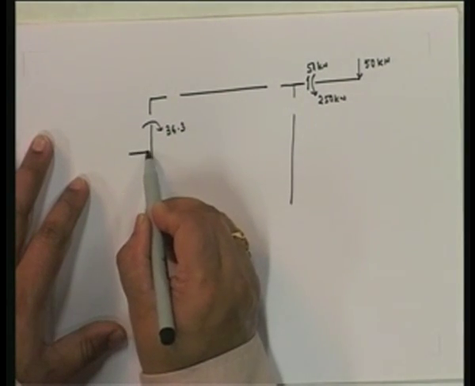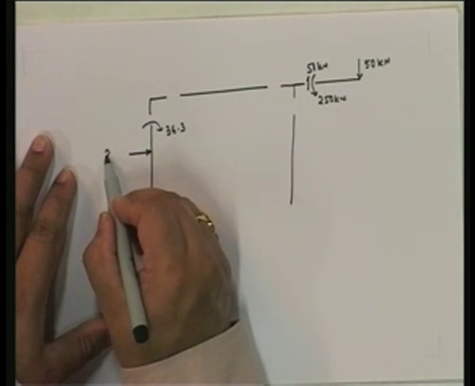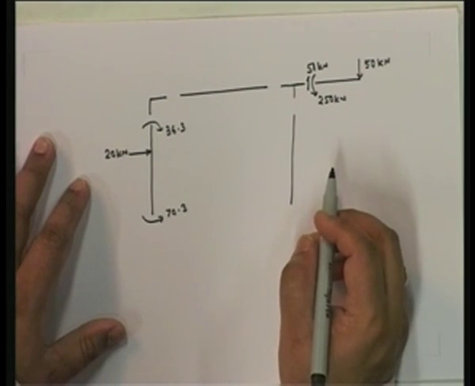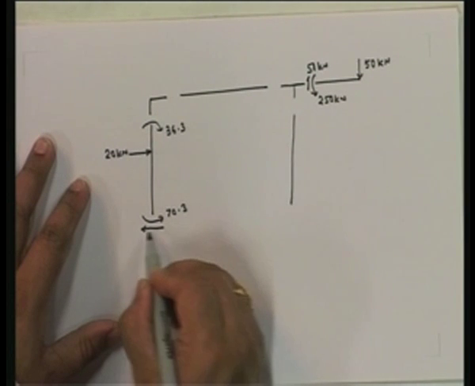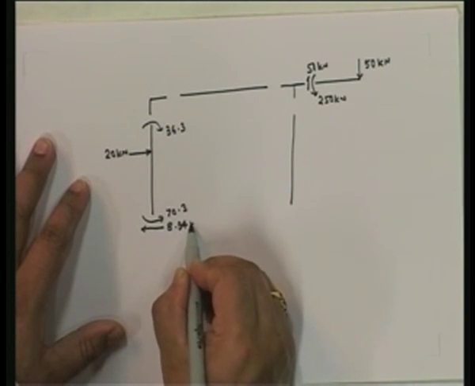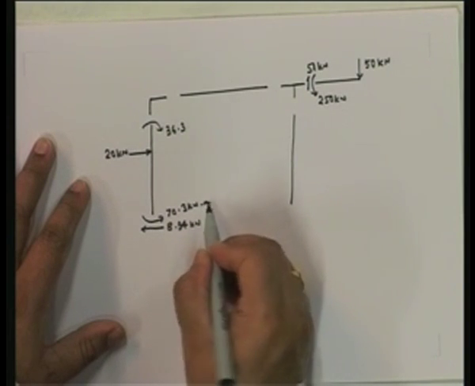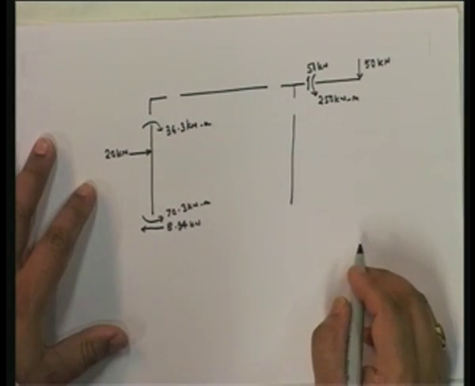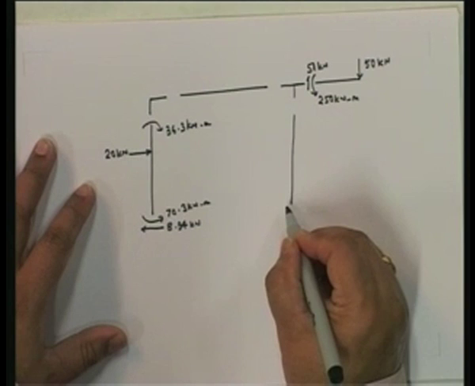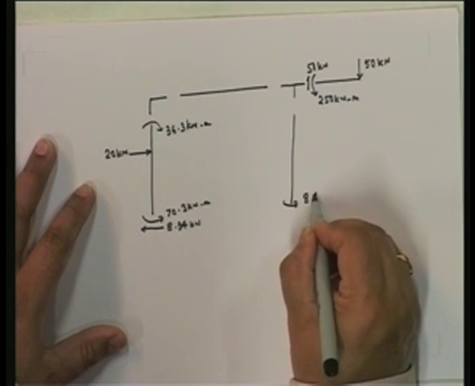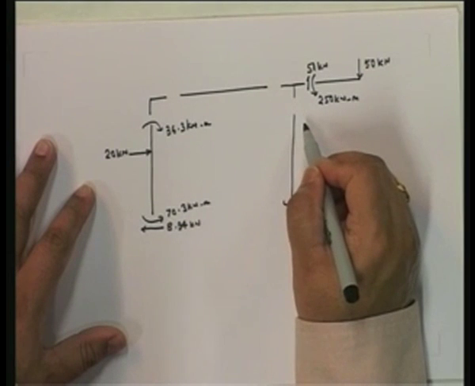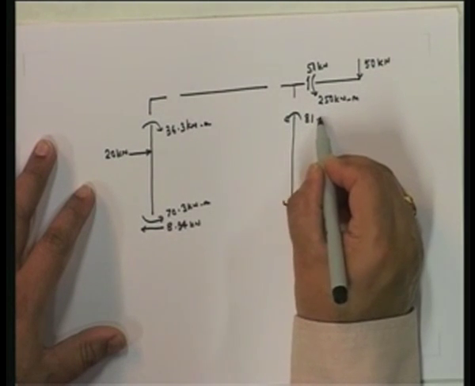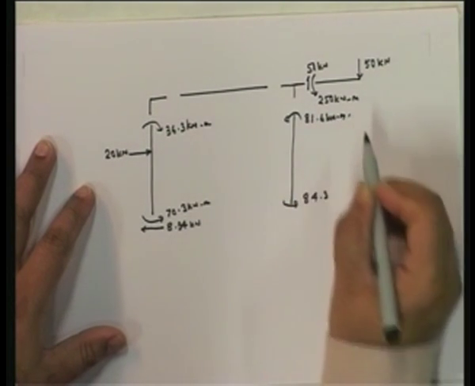This is going to be minus, so it is 36.3. I have this load here, which is 20 kilonewton meter. If I add the two up, I get 8.94 kilonewton meter. On this one, I get plus 84.3, and I also get this to be 81.6 kilonewton meter.